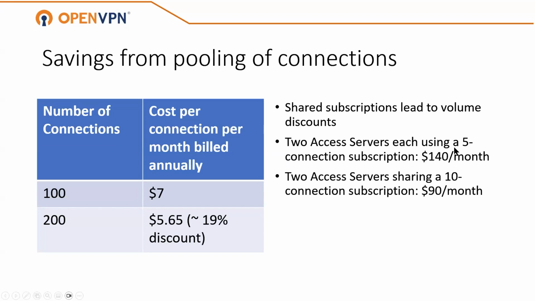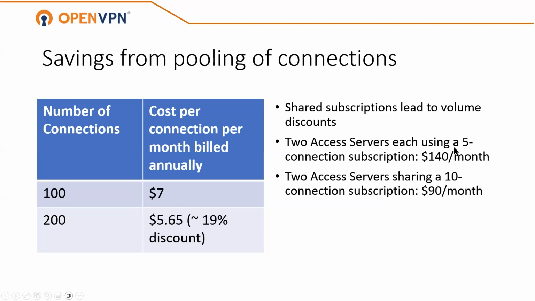A couple of examples I've shown here is, instead of running two access servers each using a 5 connection subscription, which would cost you $140 per month, you can run two access servers and share a 10 connection subscription, which will run to about $90 a month.